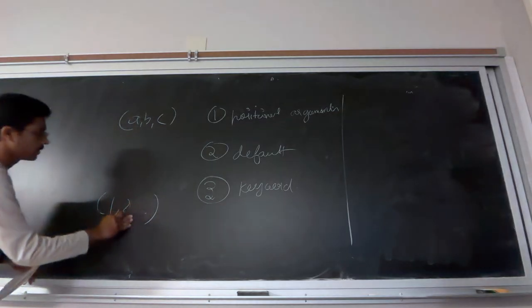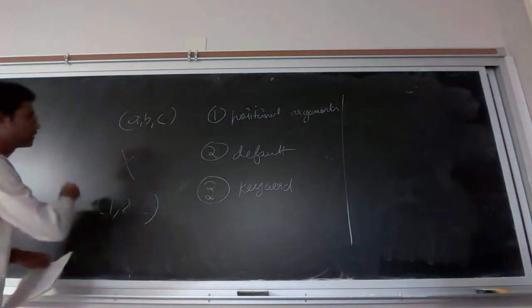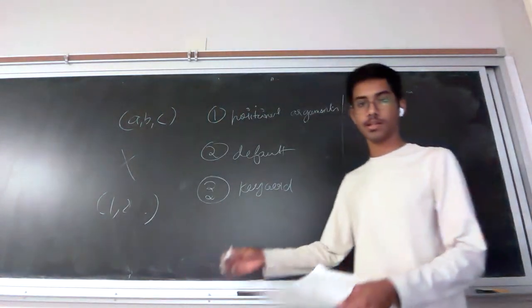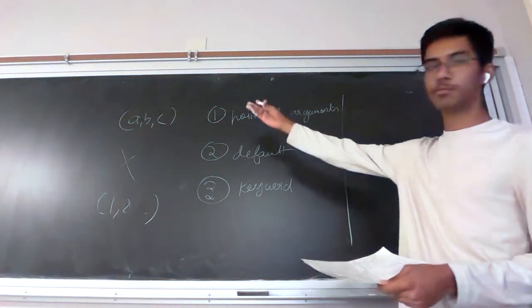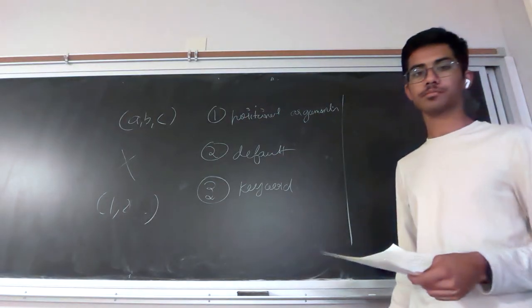Let's say I keep only 1 and 2 and I'm trying to send it to a, b, c. Well, this is not going to work because the rule of positional arguments says that the number and type of arguments must match what is given in the function header.